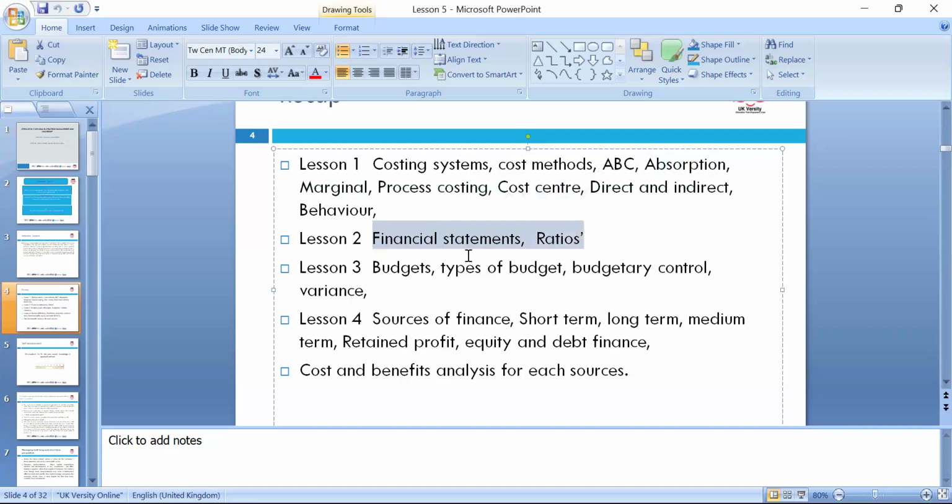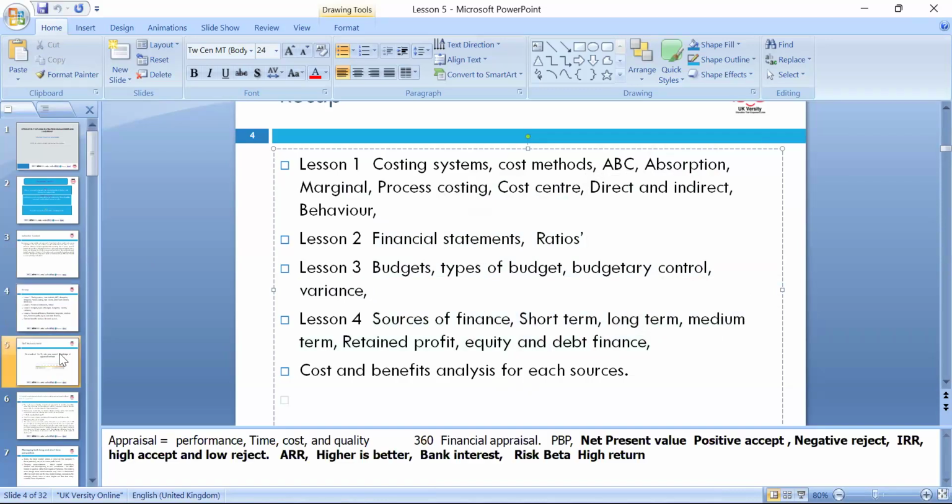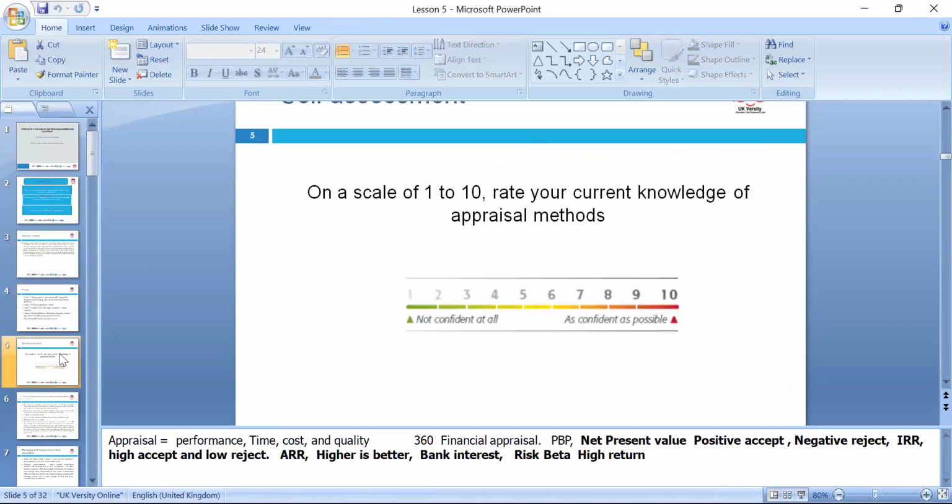In the third lesson, budgetary control and variance. In the fourth lesson, the sources of finance, short-term, medium-term, long-term, and the return or profit. The fifth lesson today is more about investment appraisal.